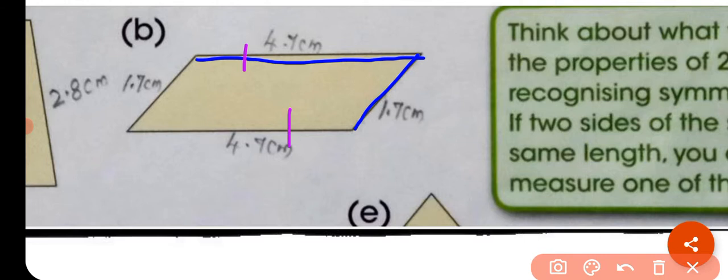So children, you can write this side as 4.7 centimeter and this as 1.7 centimeter. This shape is known as a parallelogram. You will learn more about this shape in higher classes. Okay. Here the two sides are equal, having same length. So you only need to measure one of them.